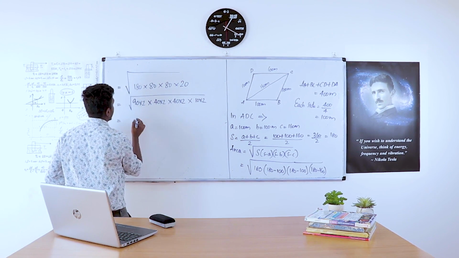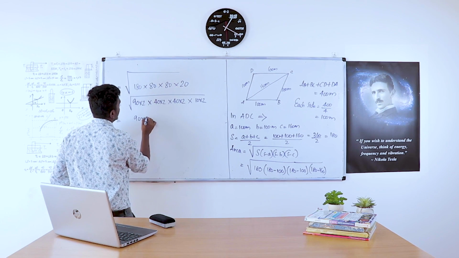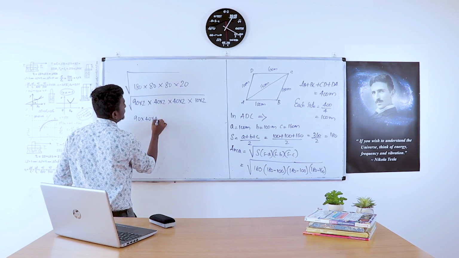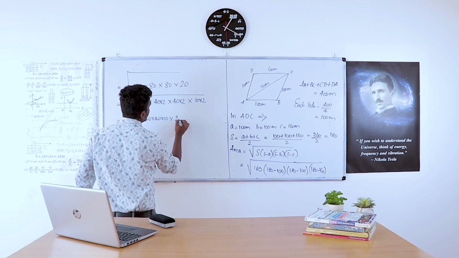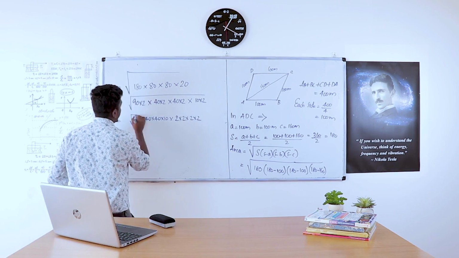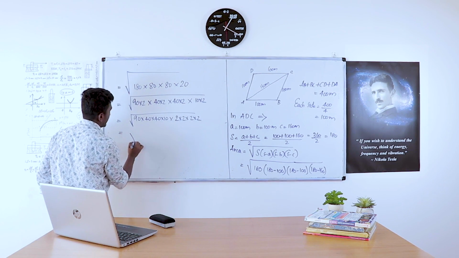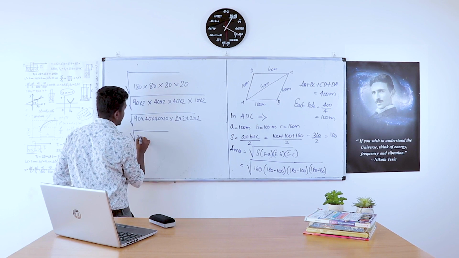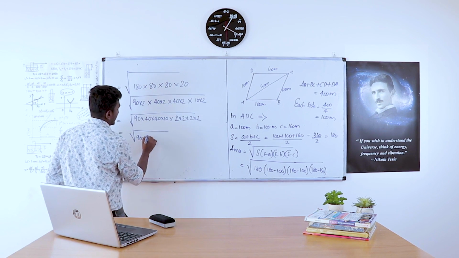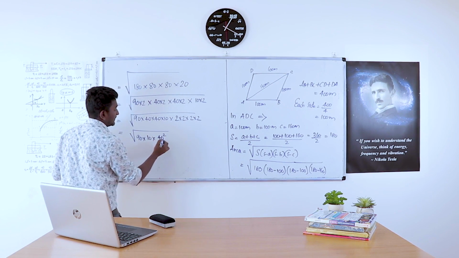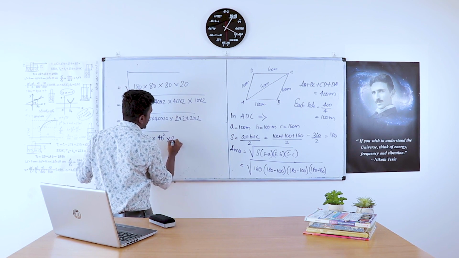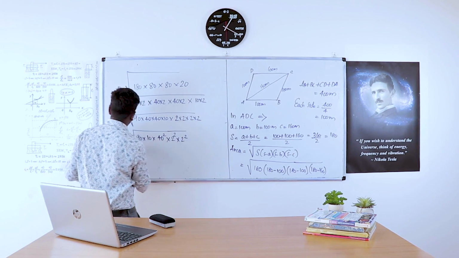So from this we can write 90 into 40 into 40 into 10, remaining 2 into 2 into 2 into 2. Four 2s are there. So this can be written as 90 into 10 into 40 square into 2 square into 2 square.